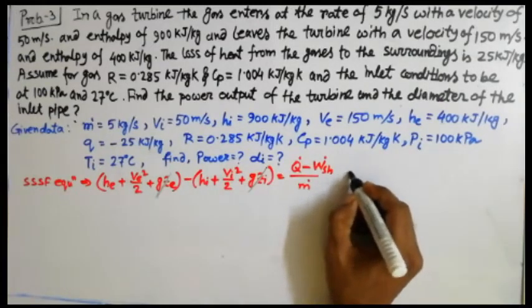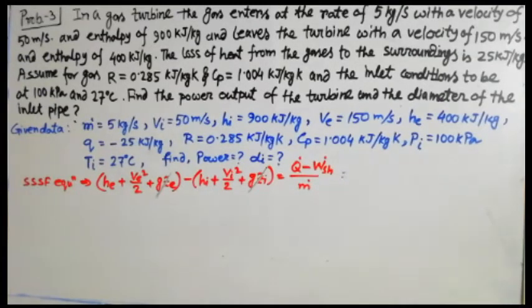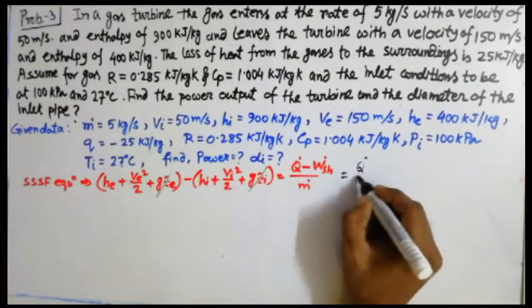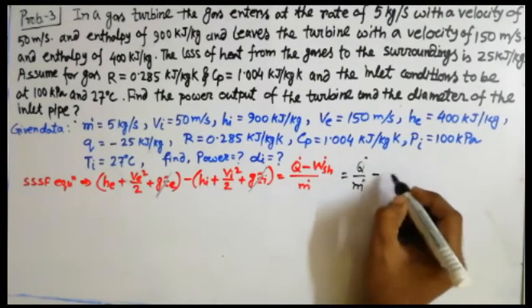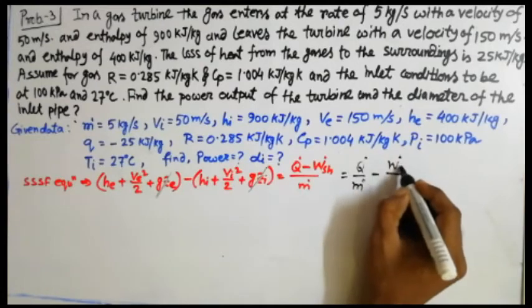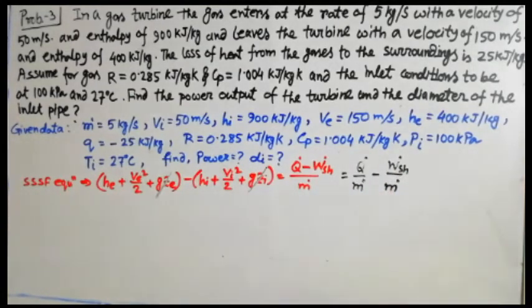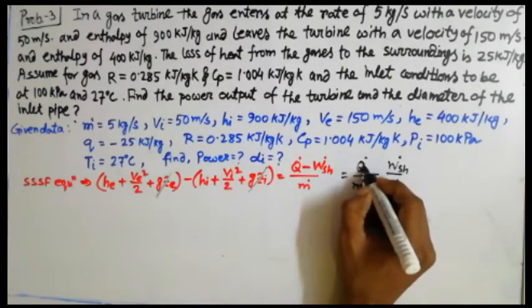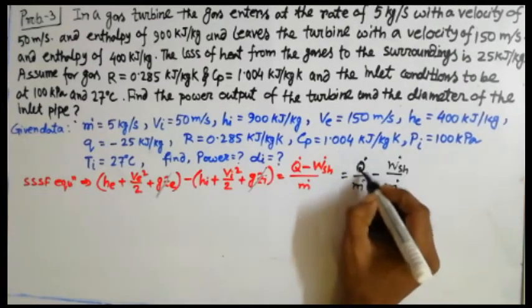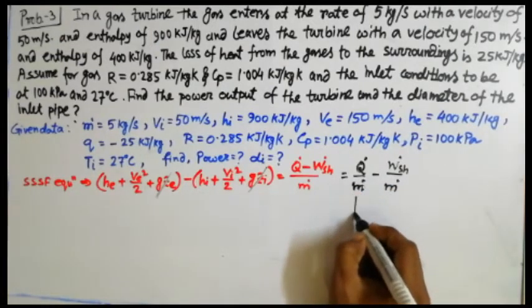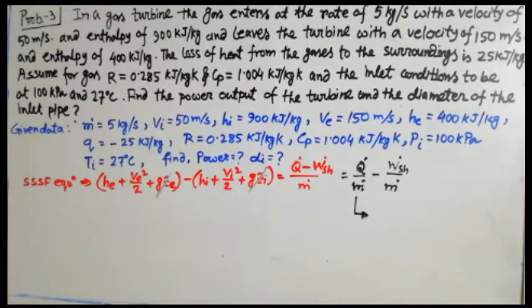The right side of that equation I should clear a bit. That is Q dot by M dot minus W dot SH by M dot. It can be written like this, and Q dot by M dot I cleared in the last problem.